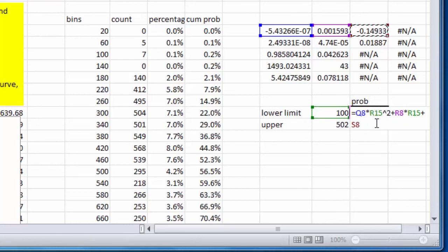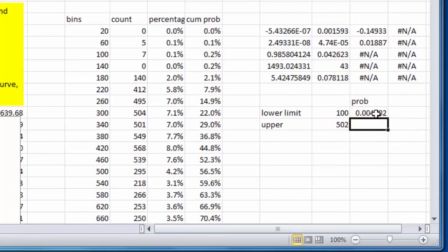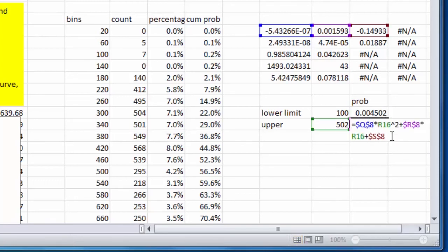And I could stick these values in place so that I can drag this down to the next one. So that's a probability. That's a probability. Did I do that right? Yeah, it looks right.